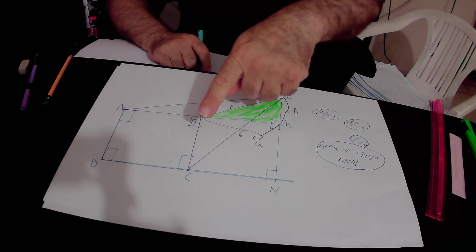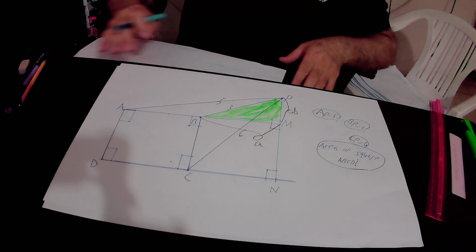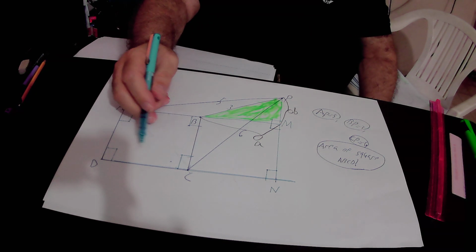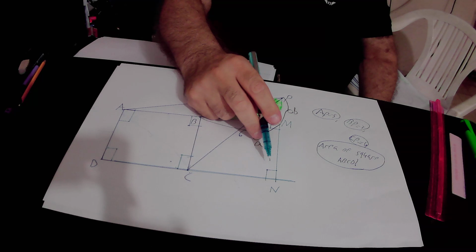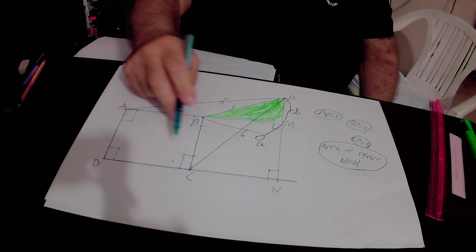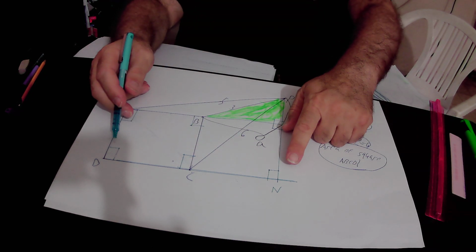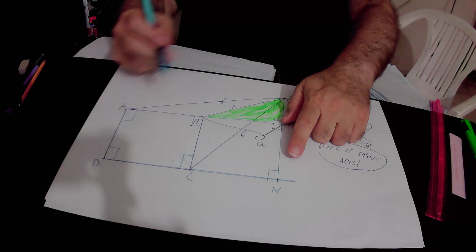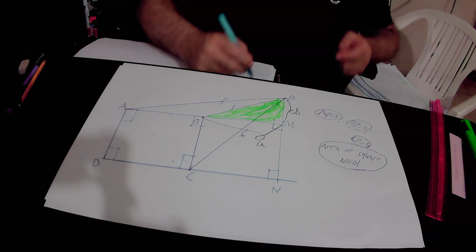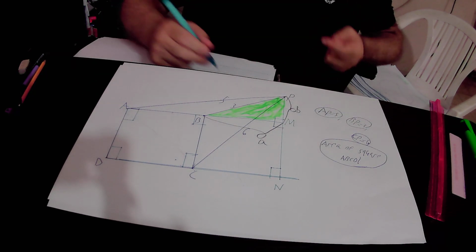DC is one side of square ABCD, therefore it is absolutely a straight line. Then we extended the straight line DC by a straight line, and the result is DN. When you extend a straight line by a straight line, the result must be a straight line, therefore DN must be a straight line. I write it down, DN is a straight line. This segment DN is a straight line.